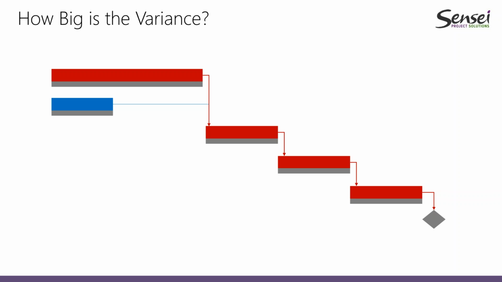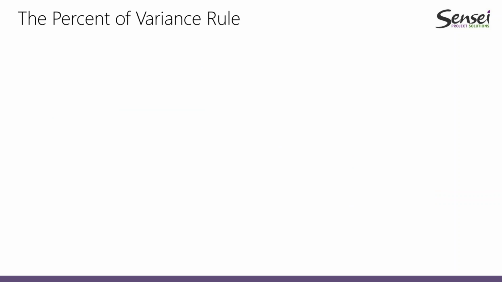When we understand that, the next step people take is, all right, now I know the size of my variance, so I will apply the simple rule of percent of variance.